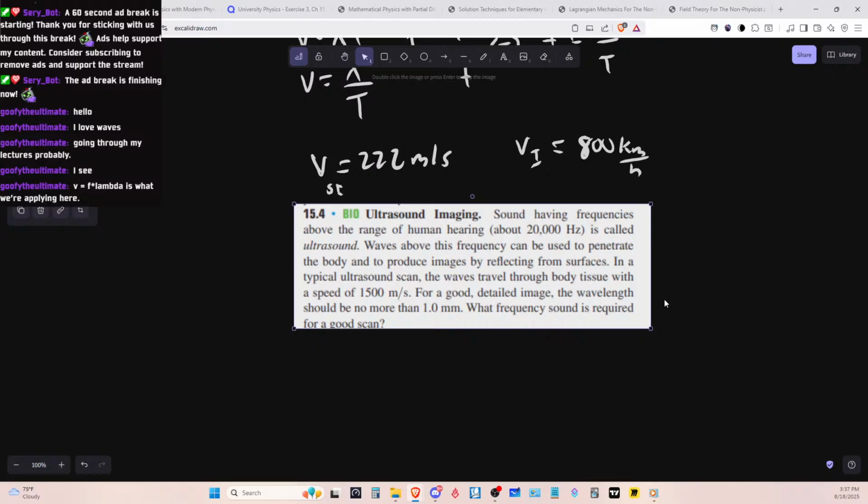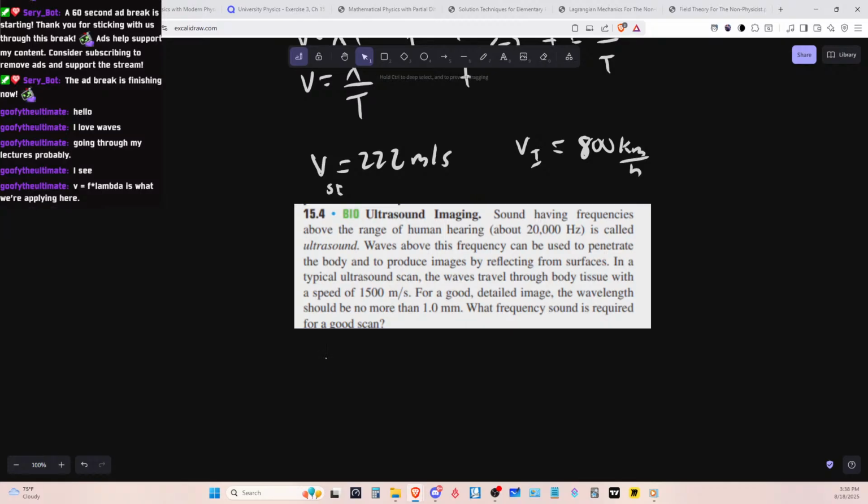In a typical ultrasound scan, the wave travels through the body tissue with the speed of 1,500 meters per second. For a good detailed image, the wavelength should be no more than 1 millimeter. What frequency of sound is required for a good scan? So we need a wavelength of that much.